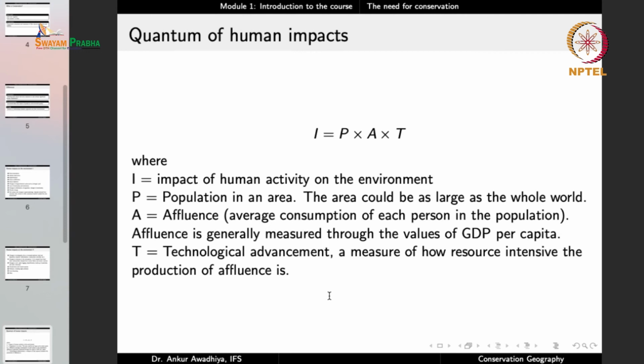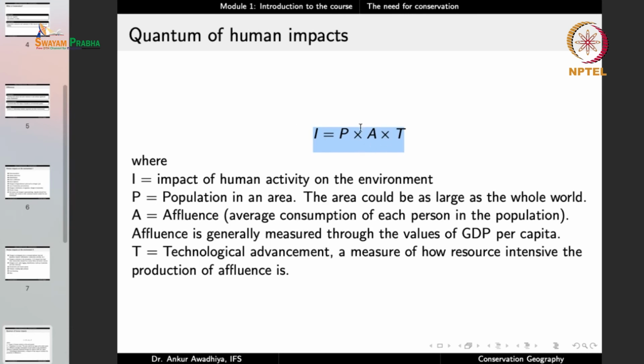Now, these human impacts on the environment can be quantified by this equation: I = P × A × T. Essentially, it says that the impact of humans on the environment is determined by the population in the area. If there is an increase in population, there is an increase in impact, because there are more people who can have an impact on the environment.